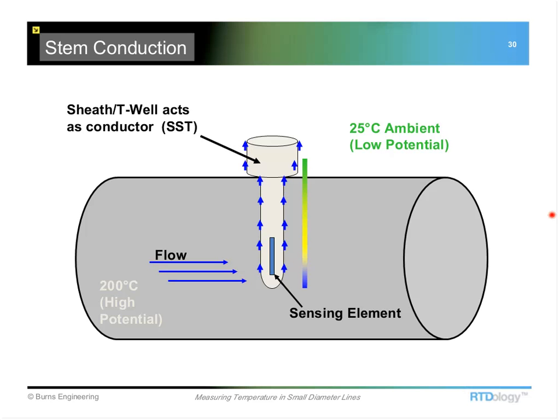So this is where people will say, well, just give me something really short. Give me something that's a half-inch long. And while that fixes the problem from a flow perspective, now what you start to measure is much more of the outside temperature and the temperature of the outer pipe.